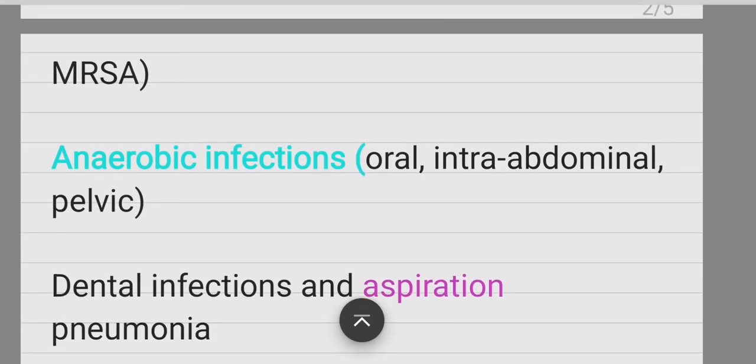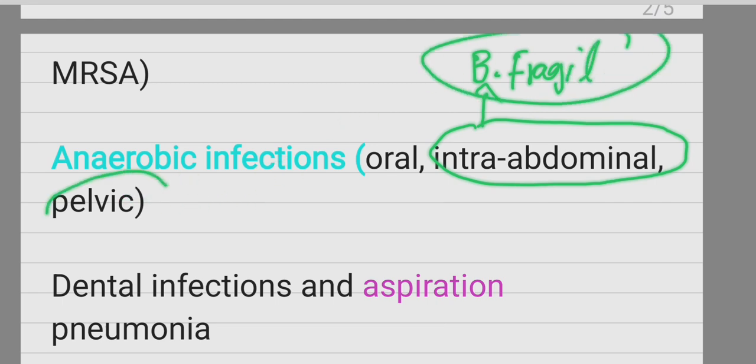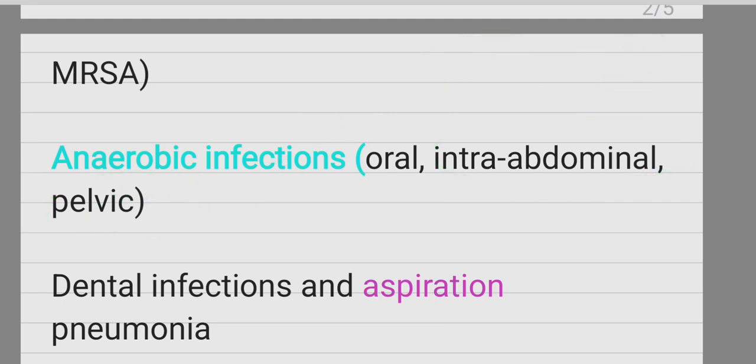It is used for anaerobic infections like oral cavity infections, because the oral cavity contains anaerobic bacteria. Also intra-abdominal infections, for example infections caused by Bacteroides fragilis, and anaerobic pelvic infections.